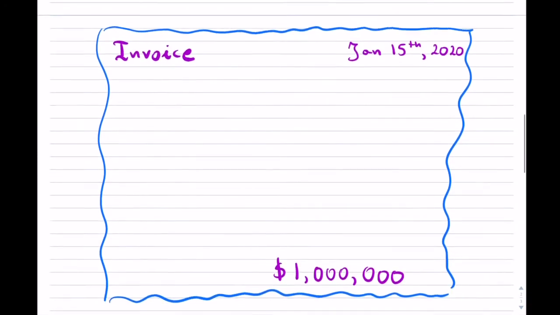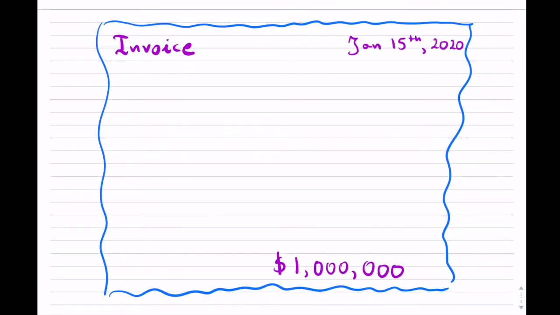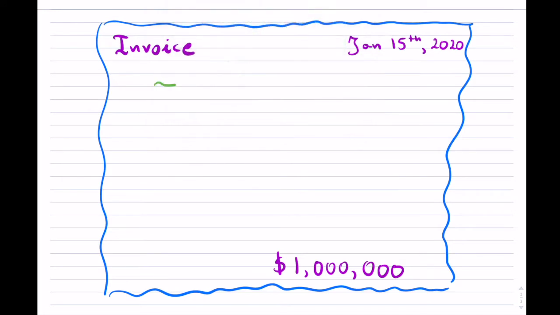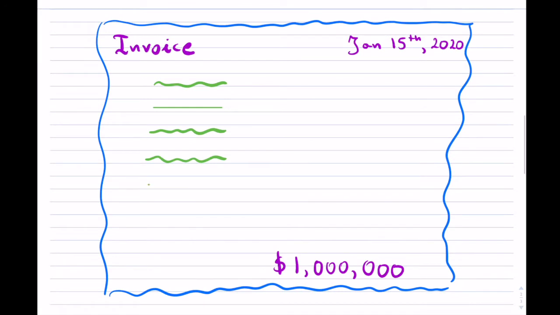Now, I kind of drew this fake little invoice. It doesn't matter what the invoice is. So you as a company have decided to buy a certain amount of items. You have all of these items that you've purchased, and they're at certain prices.